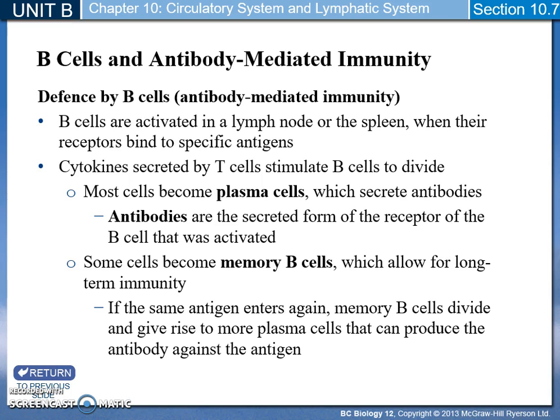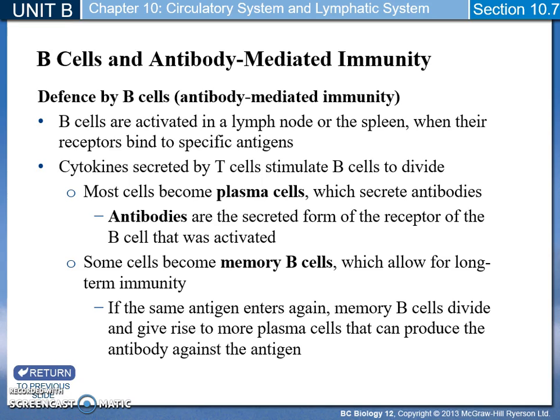So the defense by the B cells, and this would also be thought of as antibody-mediated immunity. The B cells are activated in the lymph node or the spleen, where the receptors bind to specific antigens. The cytokines, which are secreted by the T cells, stimulate B cells then to divide.